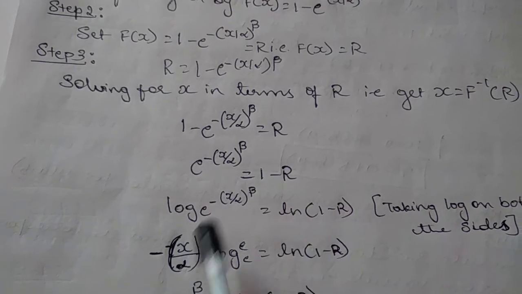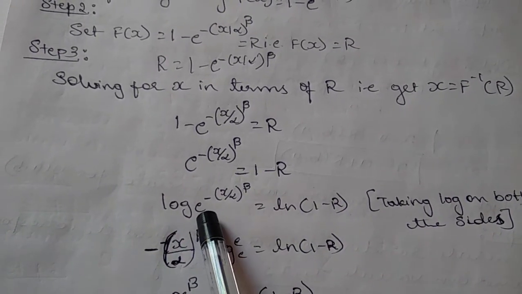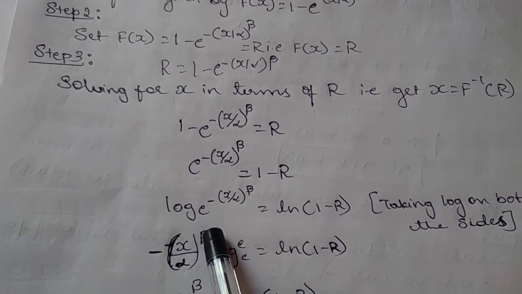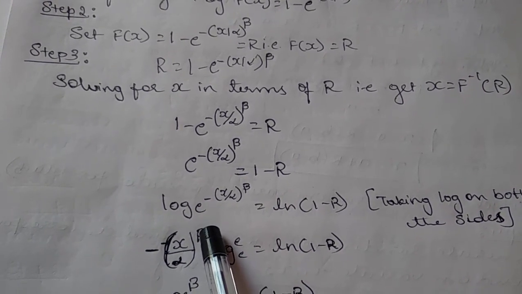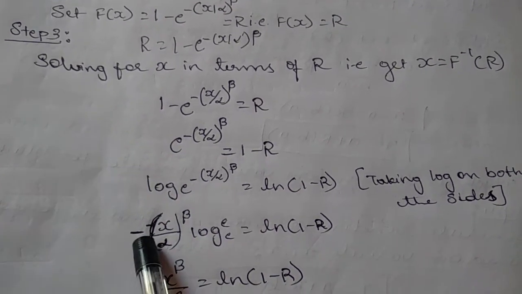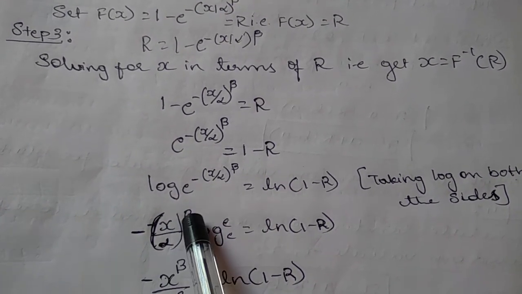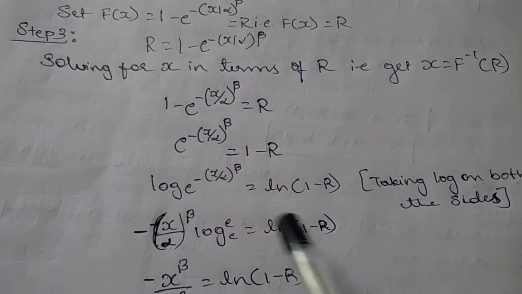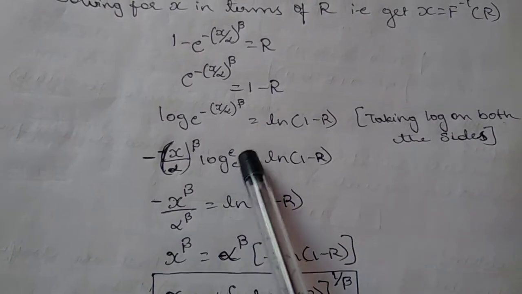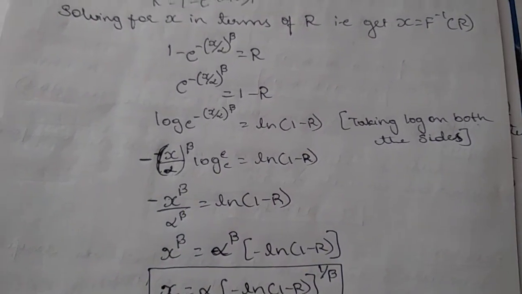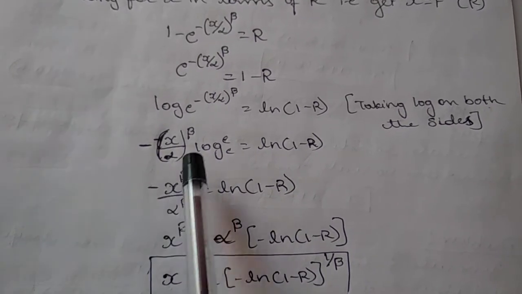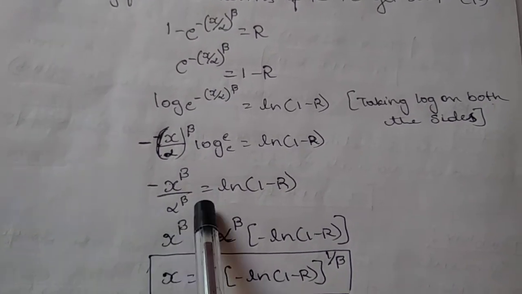If log of a power n to base a, you can just write it as n into log a to base a. In the same way, I'm writing it as minus (x by alpha) whole power beta times log e to base e. The ln of 1 minus R I'll keep as it is. You know log e to base e is always 1.